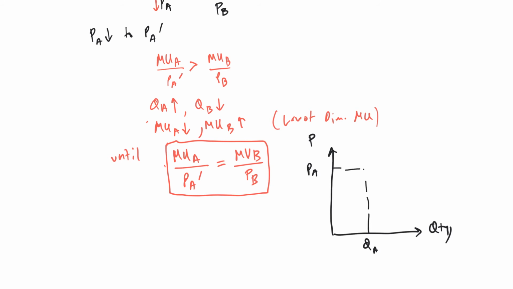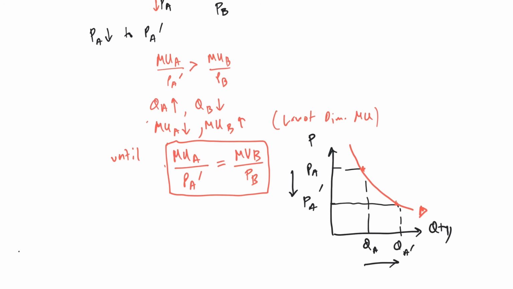Then what happened? When the price goes to PA dash, you bought more of apples. So you bought, let's say, QA dash. Isn't that true? Price went to PA dash, price went down, you bought more of the thing. And if I join these points together, I get myself a demand curve.